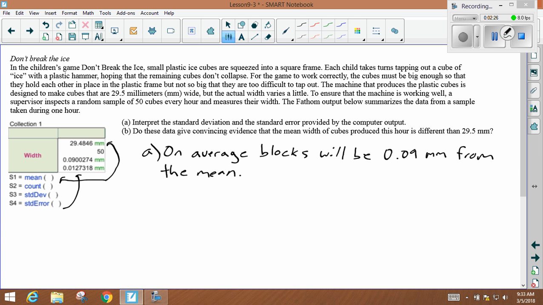It tells us that if they were to repeatedly take samples of size 50, we would find that on average, the widths vary by 0.013, right?